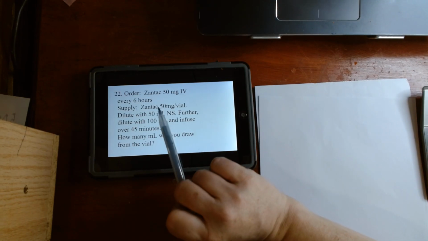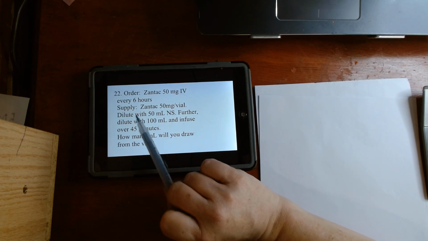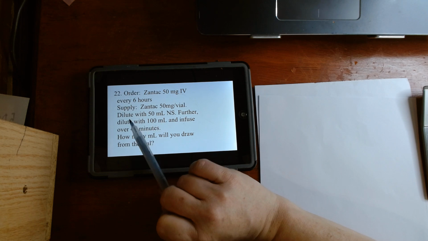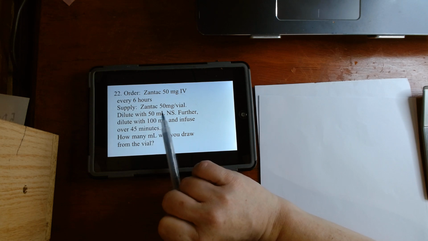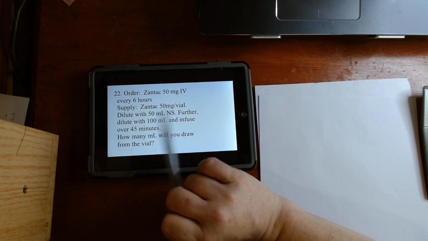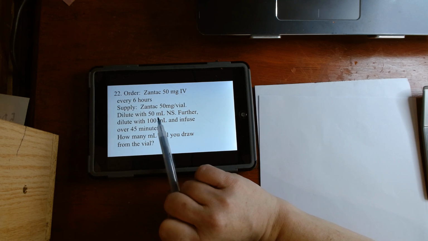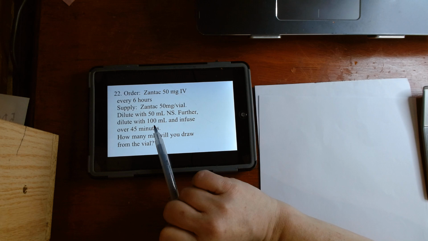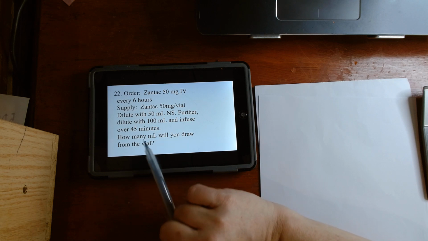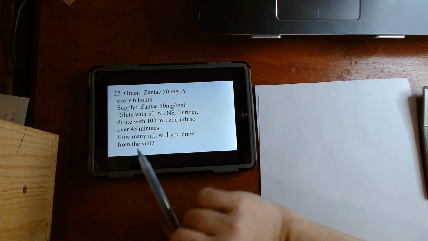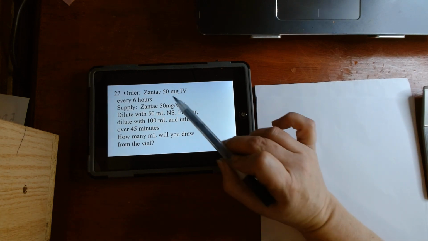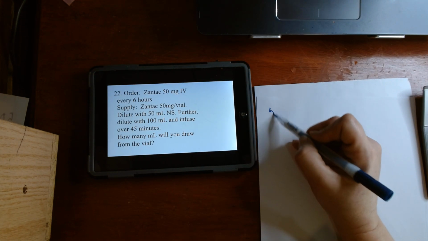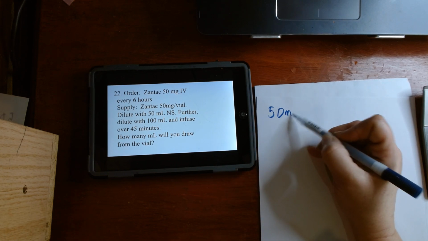The order is for Zantac 50 milligrams IV every 8 hours. You've got a Zantac 50 milligram vial that you have to dilute with 50 milliliters of normal saline, and then further dilute with 100 milliliters and infuse over 45 minutes. This question wants to know how many milliliters you're going to draw out. So what he wants is 50 milligrams.